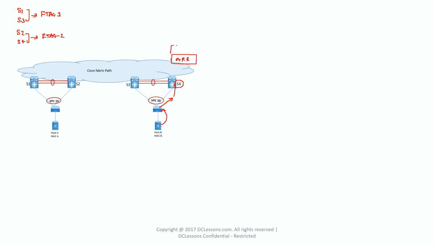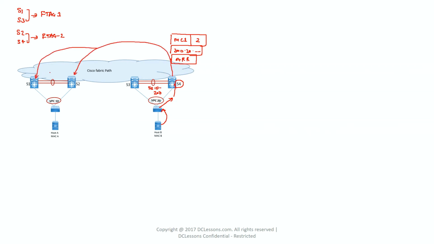So let's suppose this is my ARP reply. My source will be SSID 200, so this will be 200.20, right? And this is my FTag 2, and this is my unknown unicast address. Again, this will be sent here. The packet will reach switch 2 also.